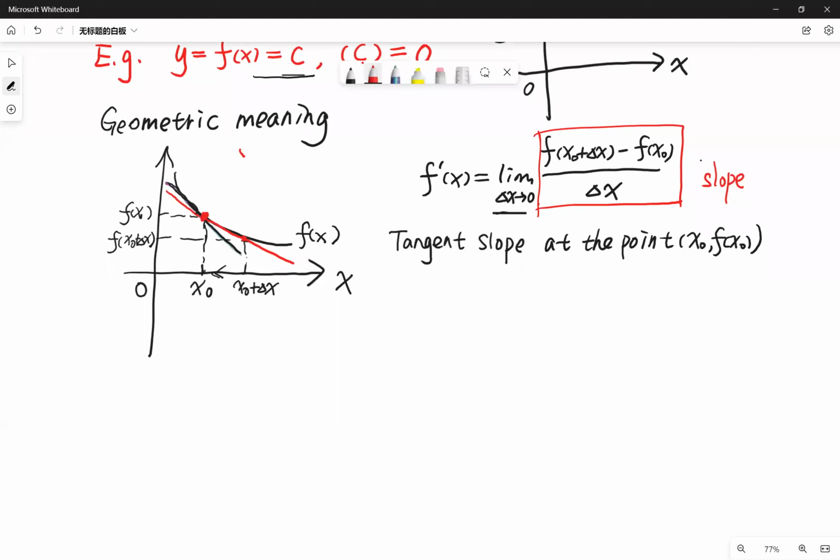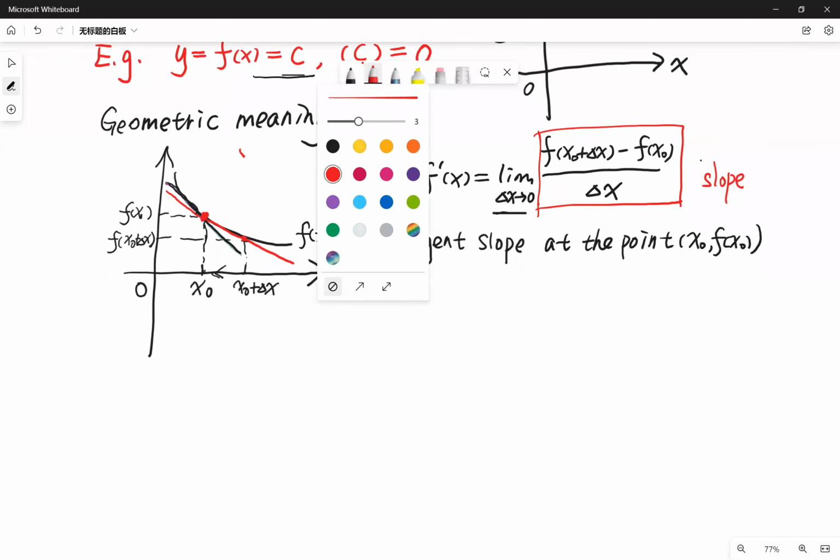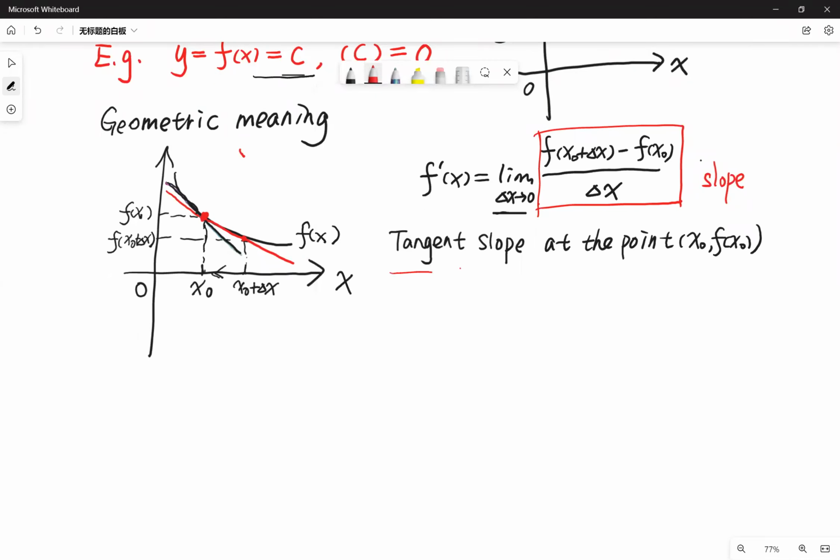Then we can conclude that the geometrical meaning of the derivative is the tangent slope at this point.